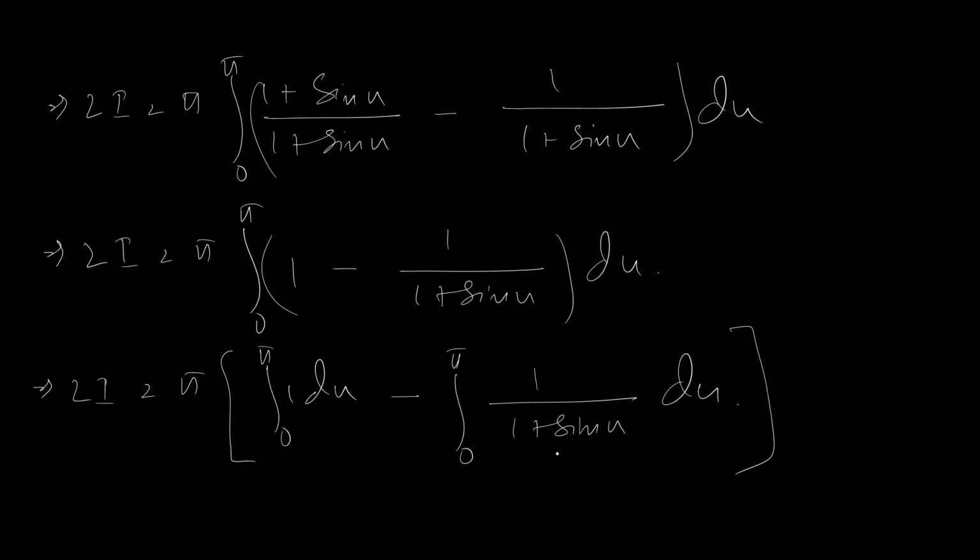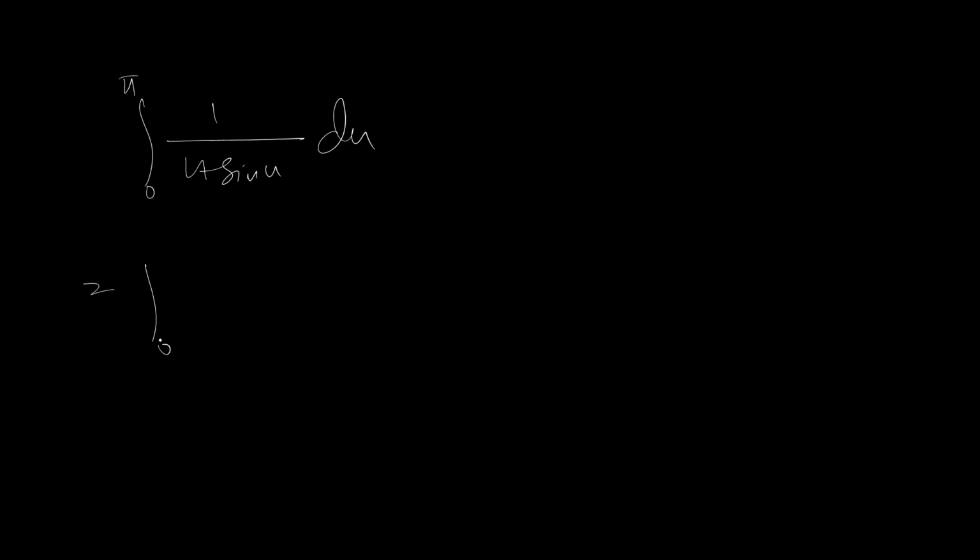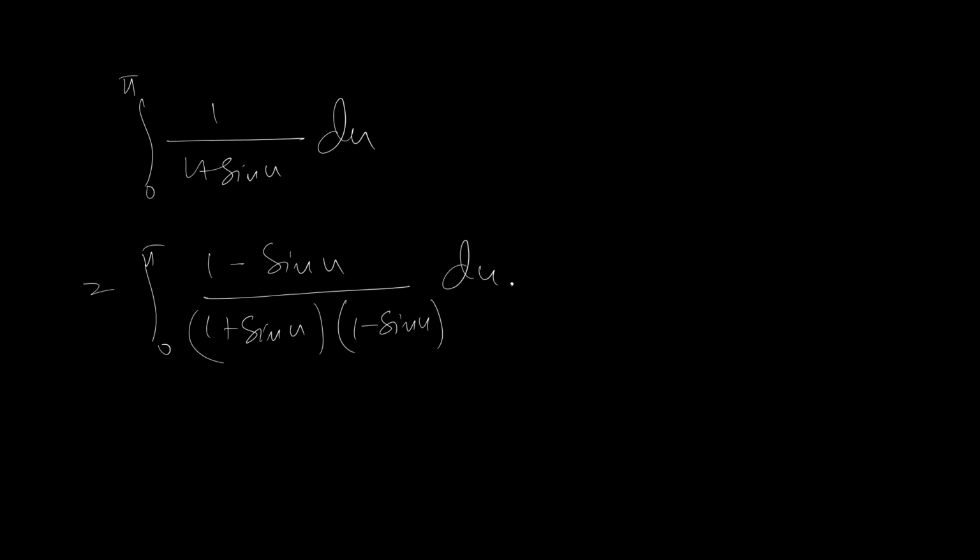This integral let me do separately. It is the integral from 0 to pi of 1 by 1 plus sin x dx. Here I will multiply both numerator and denominator by 1 minus sin x.